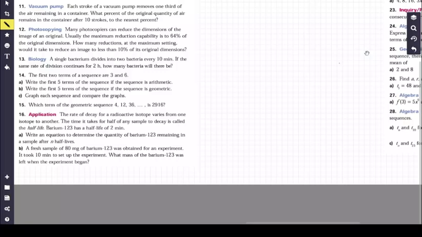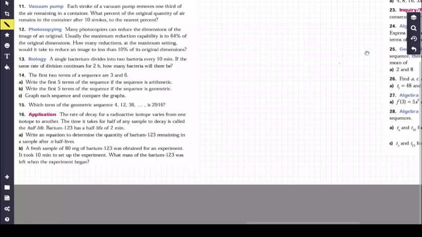The rate of decay of a radioactive isotope varies from one isotope to another. The time it takes for half of any sample to decay is called half-life.